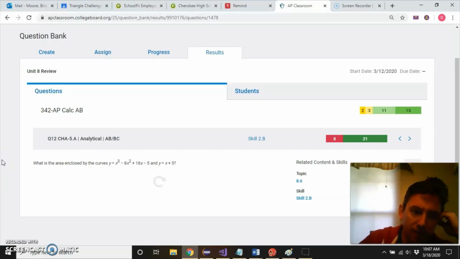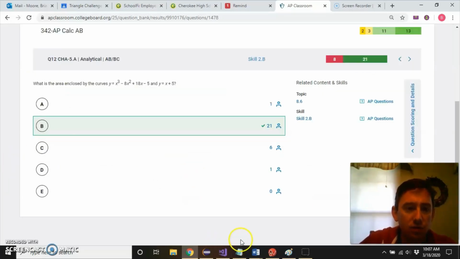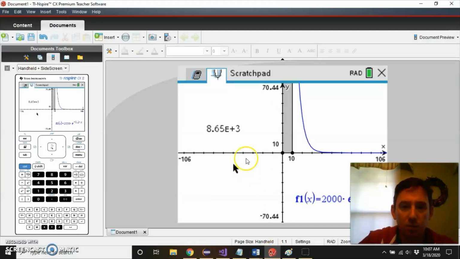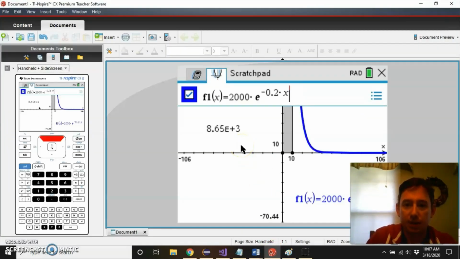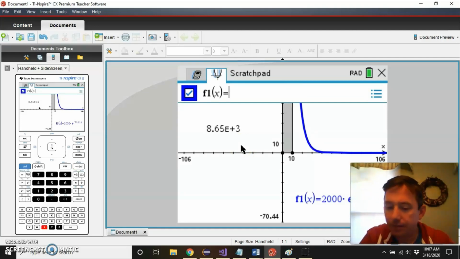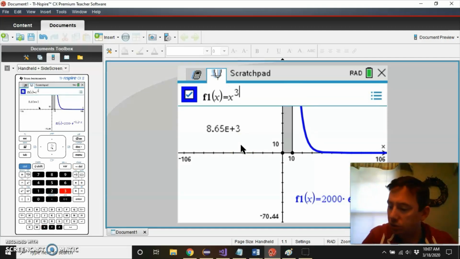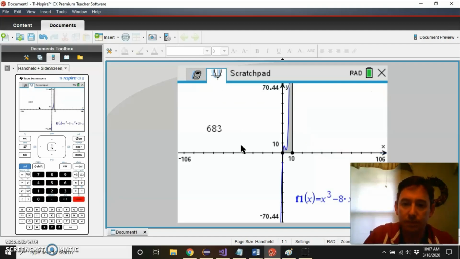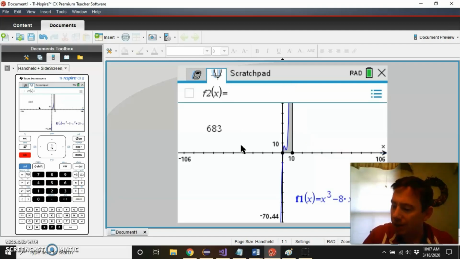Okay, you just want to find the area enclosed by these functions. So I'm just going to pop right back to here and cheat again. Let's see what they look like. x cubed and x plus 5.